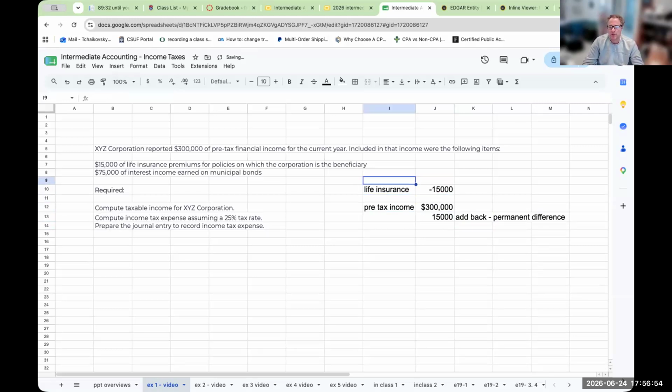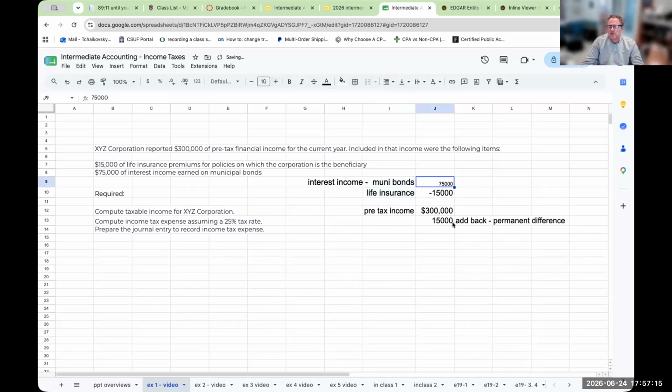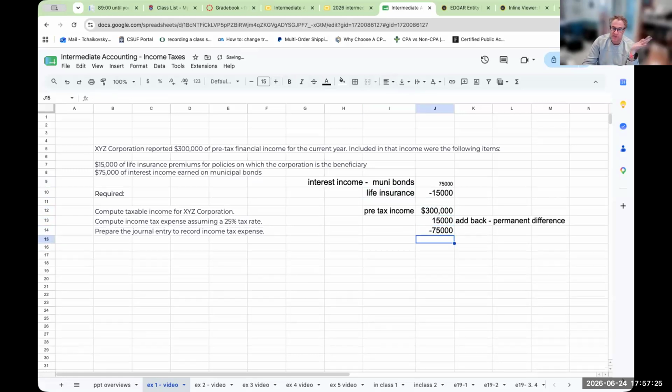Similarly, we also had interest income of $75,000, which is the interest income on municipal bonds, which again is an example of one of those permanent differences. So the 75,000 was included in the 300,000 of income. This 75,000 is not going to be taxable, because it was added in to get to this 300.